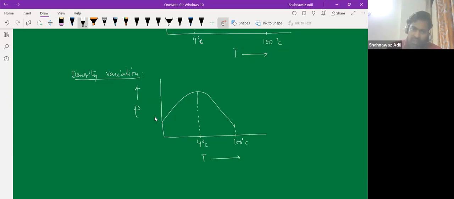So this is in kg per meter cube, right? So this is how the density varies. So where is the density maximum, guys? Density of water is maximum at what temperature?